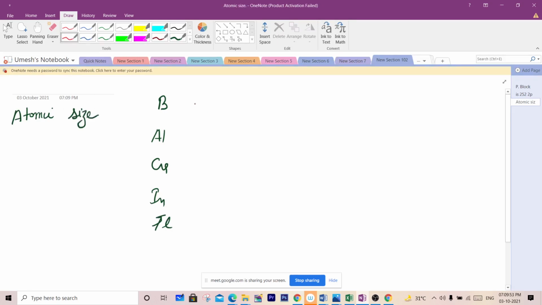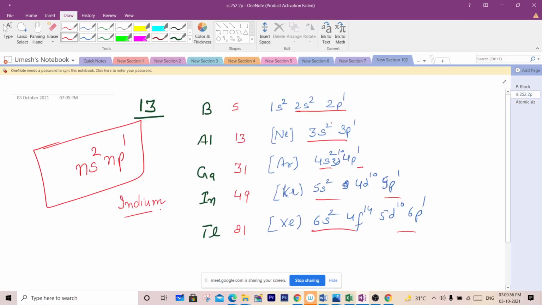atomic size. You can see from this electronic configuration that as you go down the group, the number of shells increases, so the size increases.